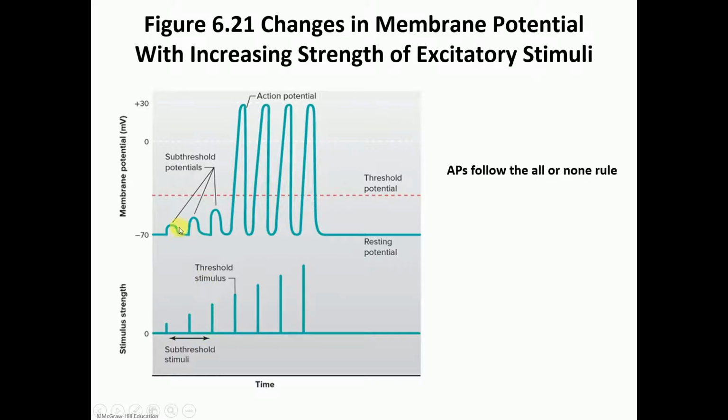You have these different levels. Once you've reached a threshold stimulus, you are going to have the same level of action potential even if that stimulus keeps on increasing. So how do we interpret the different strengths? We interpret them by the change in the frequency of action potentials.